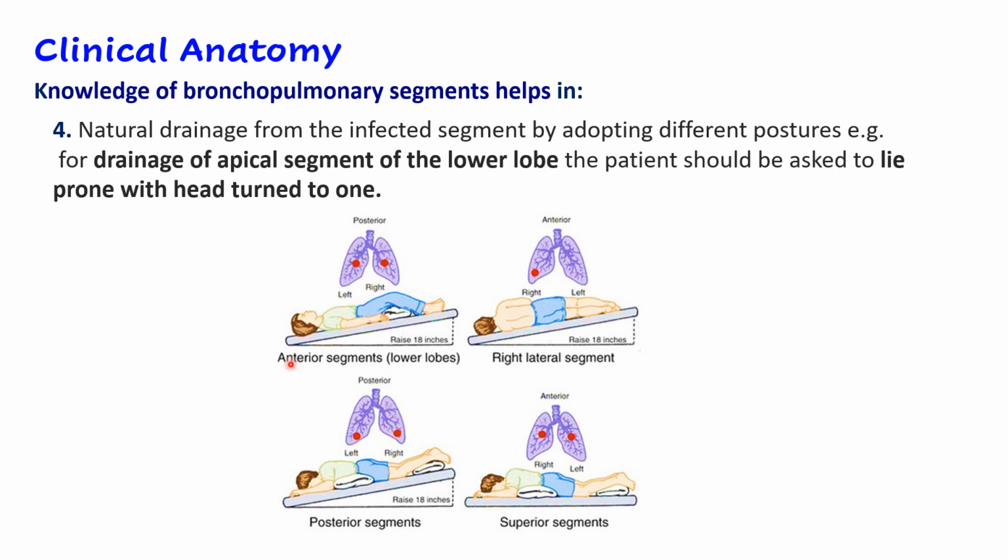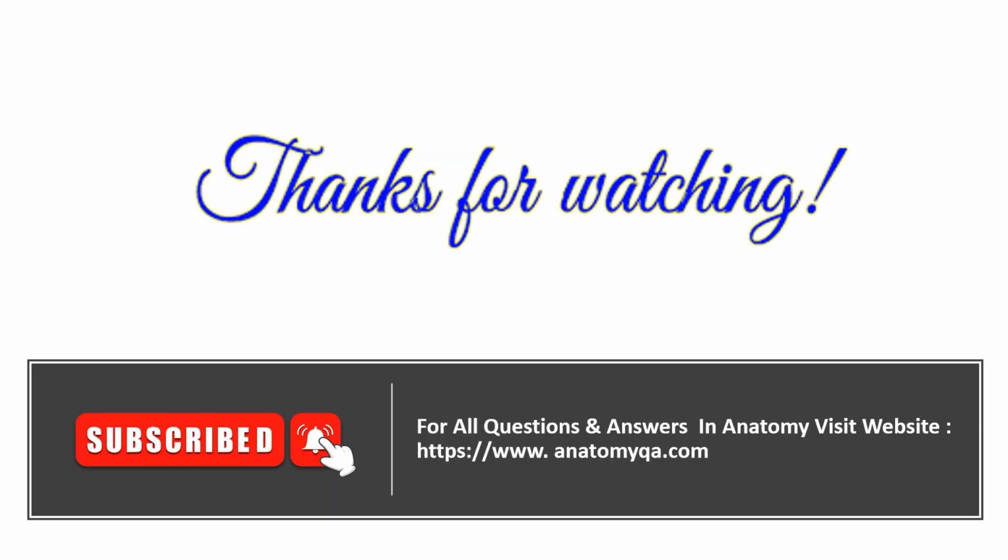So this is how, if you have knowledge of the bronchopulmonary segments and their location, then by telling the patient to lie in the right posture, one can help in natural drainage of the infected segment. So that's all for this video.